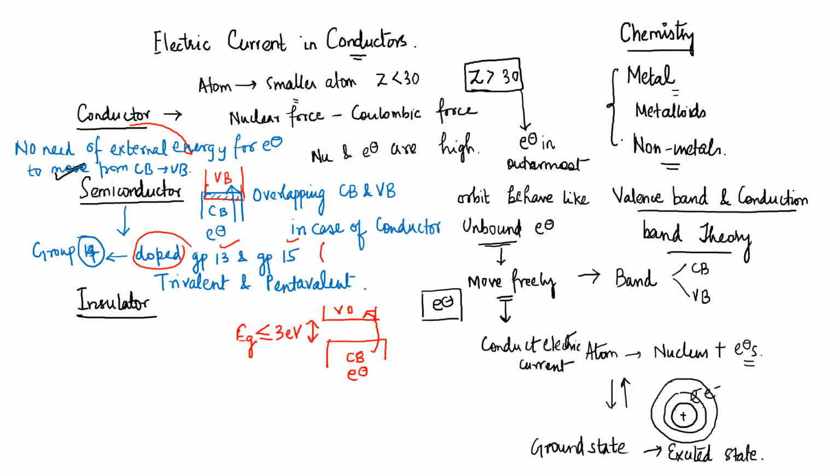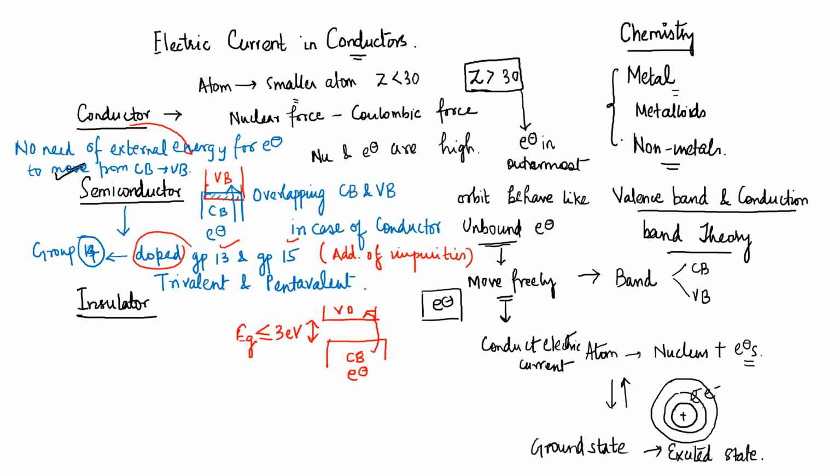Doping is the addition of impurities. The concept of semiconductors is clearly explained in chapter number 14 in our class. When we read chapter 14, I'll give you an extremely clear idea. This is just a preview.